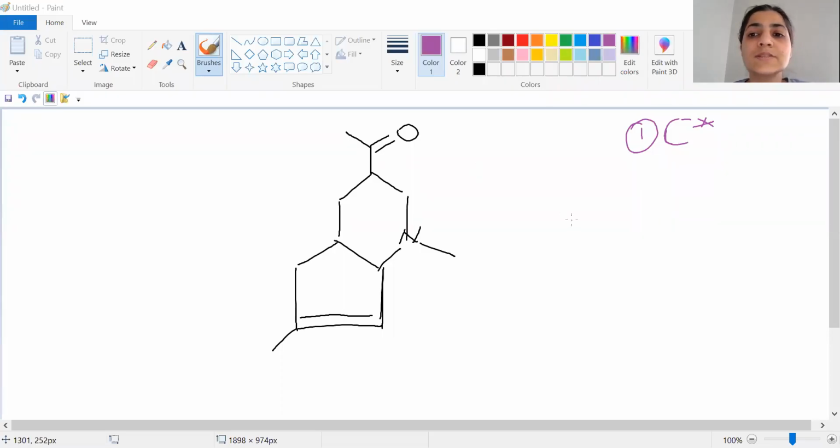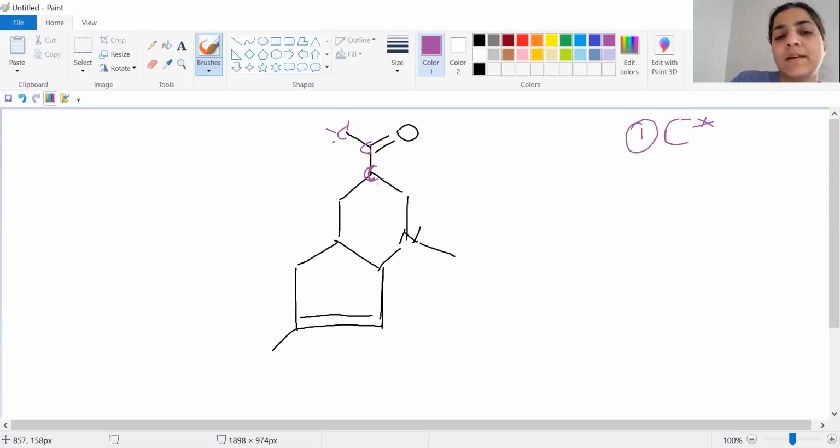So where on this structure are we going to find these chiral carbons? And we have to scan the molecule starting from one side. Let's start from the top portion. This carbon right here is definitely sp3 hybridized, but has 3 same hydrogen atoms on it. This carbon right here is sp2 hybridized, so we're not going to look much into it.